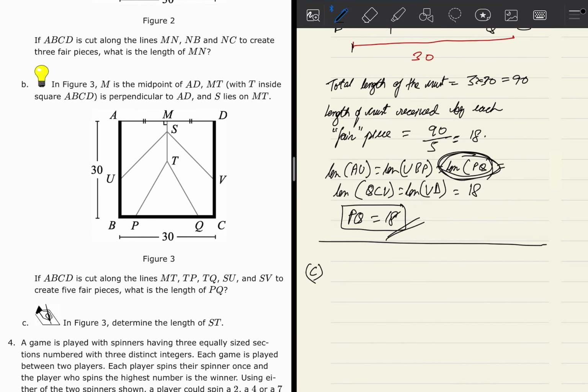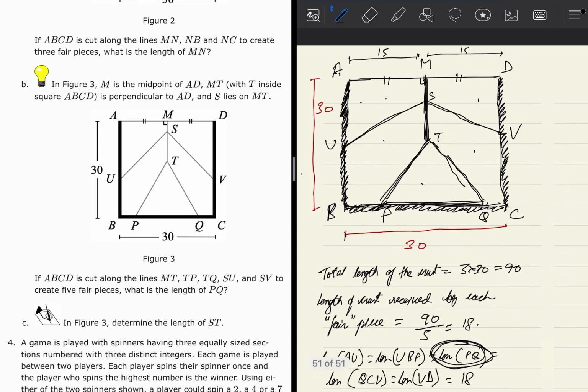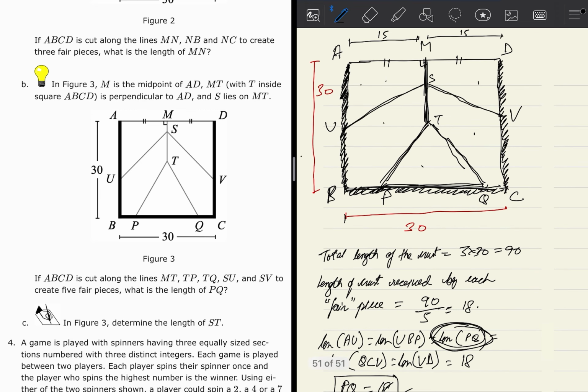So moving on to question C, it's asking us to calculate the length of ST. How do we go about solving this? Now instead of focusing on the crust, we have to focus on the areas.